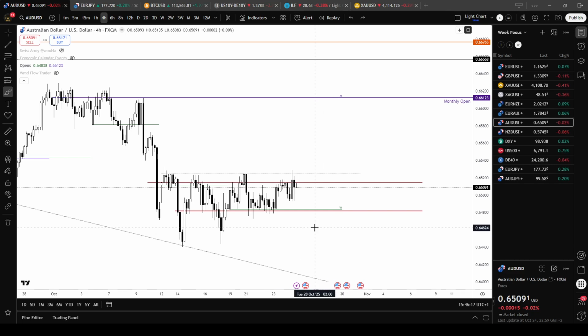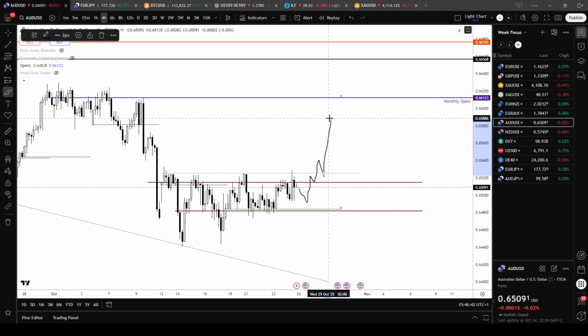I don't think this is going to happen, but I'm open to it. The other scenario, I think it's going to make a low here, probably it's going to break out, and you want to be a buyer of the retest of the range, or any pullback it gives once it breaks out.